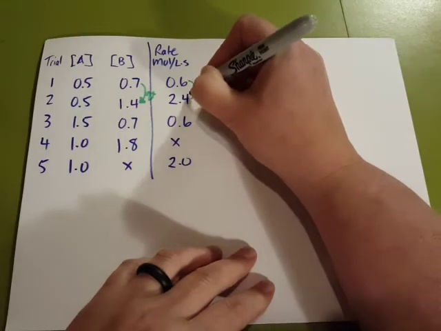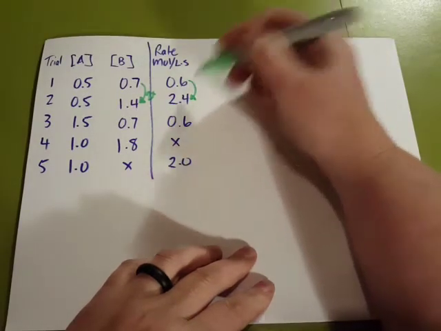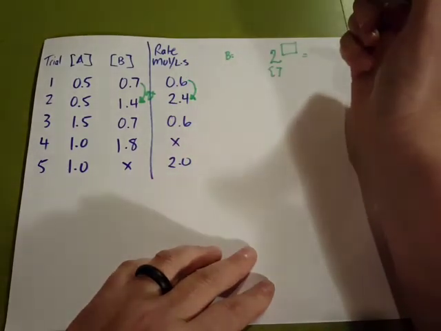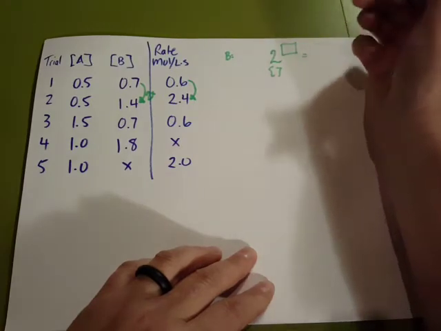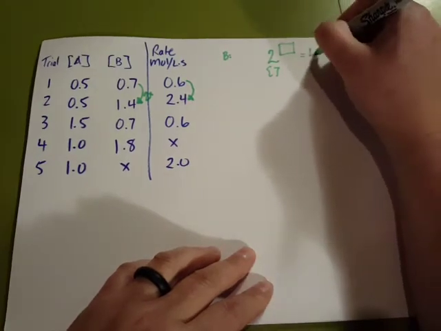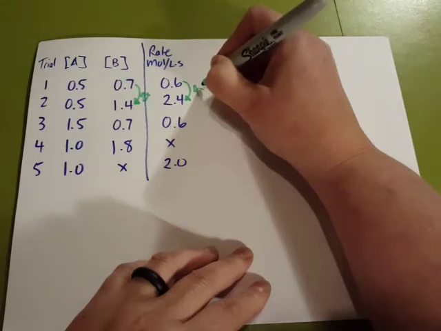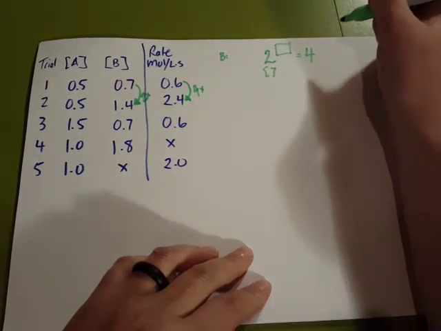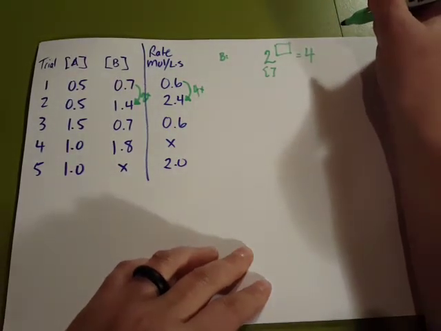Going here, if we take 2.4 divided by 0.6, we would see that this is having a 4 times effect on the rate.